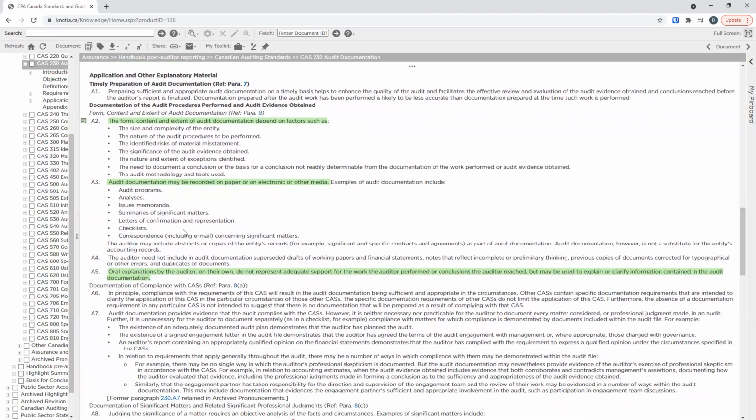Significant matters, what are the discussions? And then, as we discussed, oral explanations. Sometimes some things are discussed in the meetings, but there should be evidence or documentation created after the meeting, a kind of notes of that meeting, which would summarize what was discussed, what points were raised, and what the answers were.